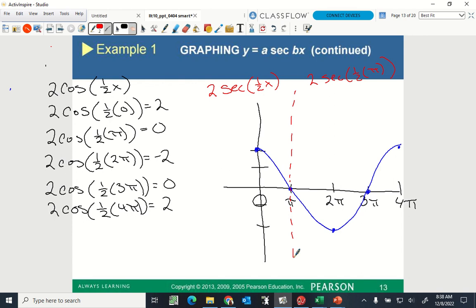Now, it's going to happen again over here at 3 pi. At 3 pi, I'm going to get another asymptote. It's going to be undefined right there. And like I said, on the maximums, those flip up.